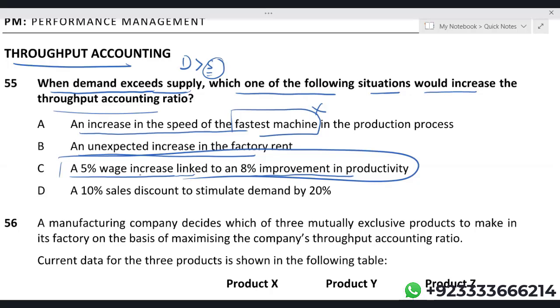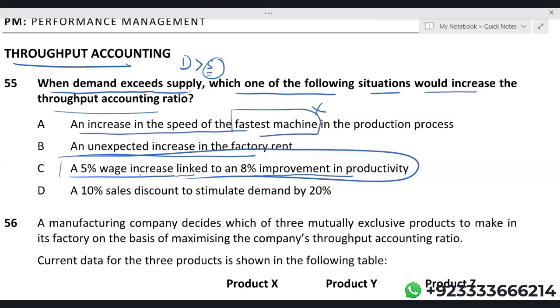So overall there is going to be a benefit, because the productivity percentage is more than the increase in wages.